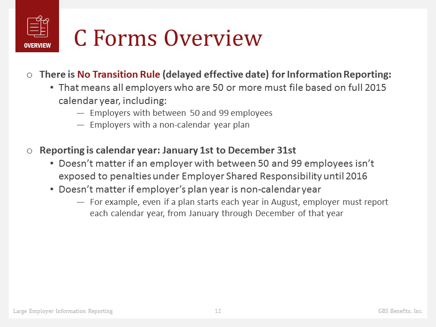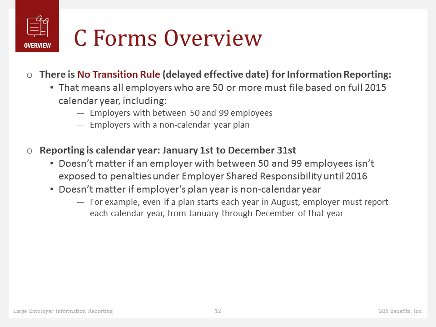In other words, in our step 2, you're determining your effective date. In other words, when you are exposed to penalties under employer shared responsibility. And in step 2, many of you are not exposed to penalties on January 1st, 2015, and some of you are later in the year of 2015, and some of you are in 2016.